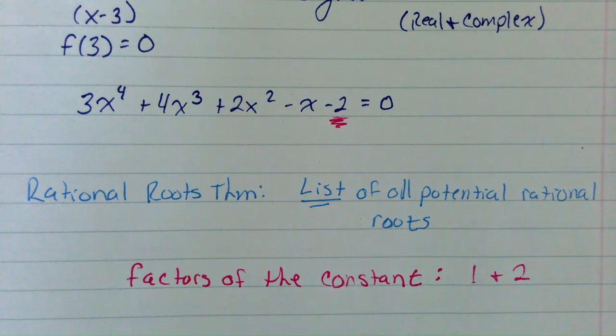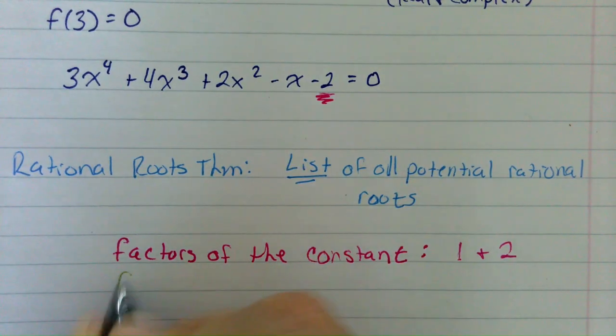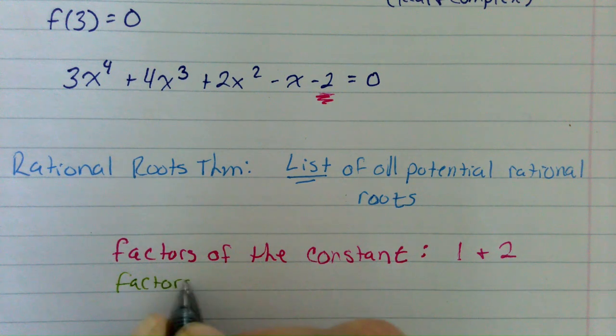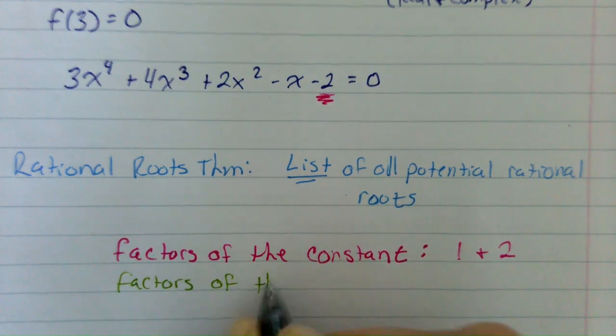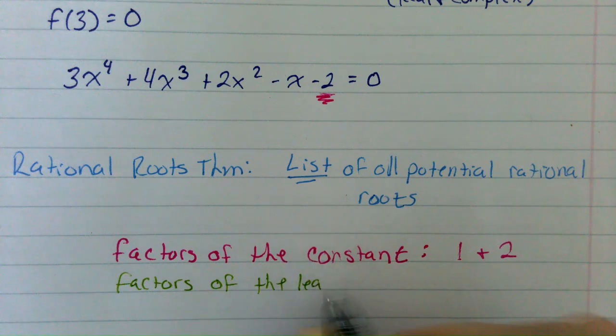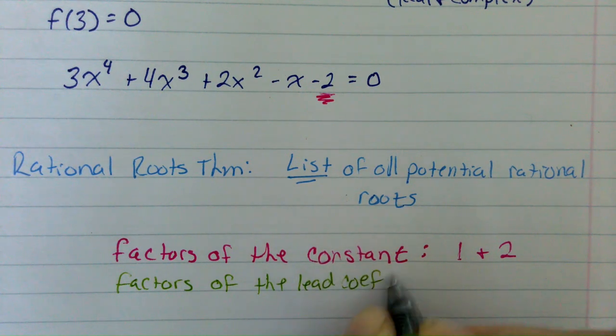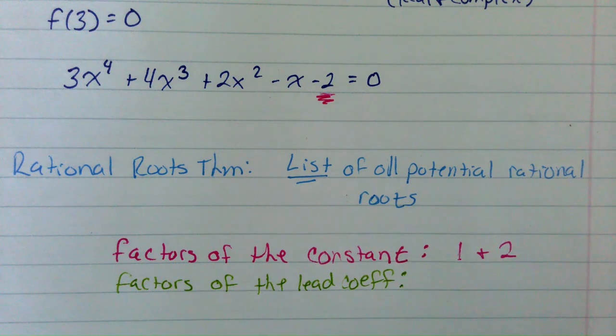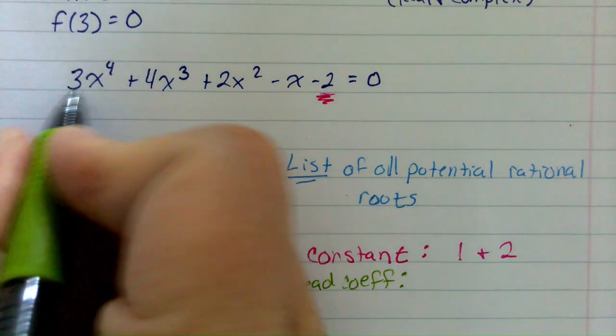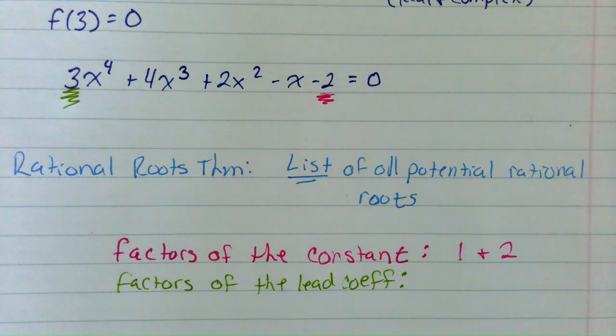And we're going to put that over the factors of the lead coefficient. That's the number in front of the variable with the highest power, and it's the lead when you write it in descending order. So our lead coefficient was 3. Things that divide 3 are 1 and 3.